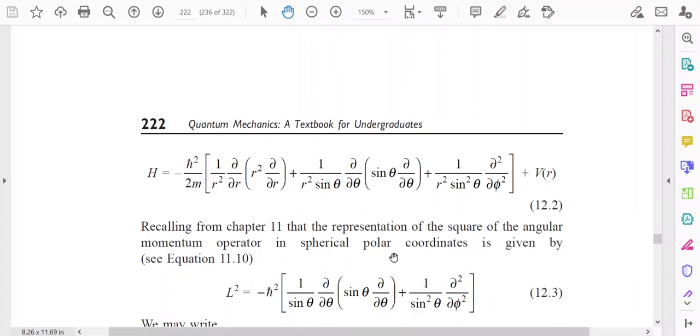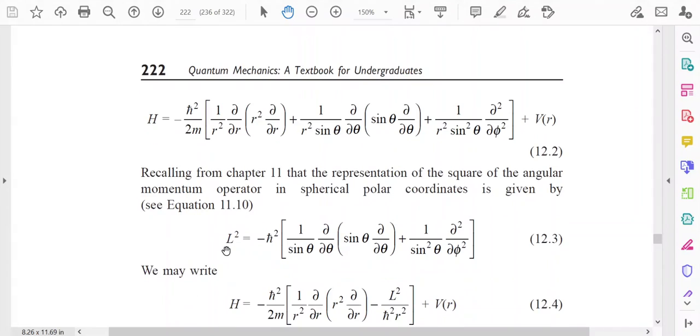Now, in the earlier lecture on orbital angular momentum, we learned that the square of the orbital angular momentum, L square, can be represented as minus h cut square times 1 by sin theta del by del theta of sin theta del by del theta, plus 1 by sin square theta del square by del phi square.